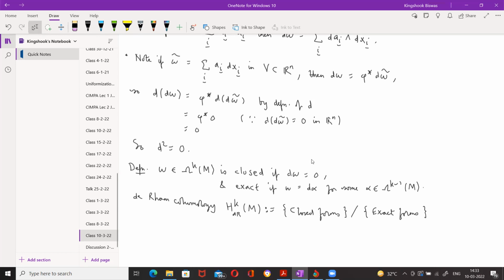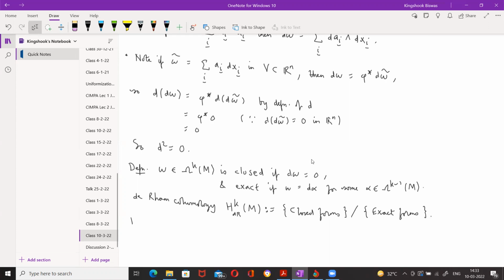And it turns out this is a topological invariant of the manifold. It looks like it depends on the smooth structure, but actually you can show this is isomorphic to the kth singular cohomology with real coefficients as a vector space over R, and that is a topological invariant. Anyway, that's de Rham's theorem. I won't go into that, but I just wanted to make this definition for you.